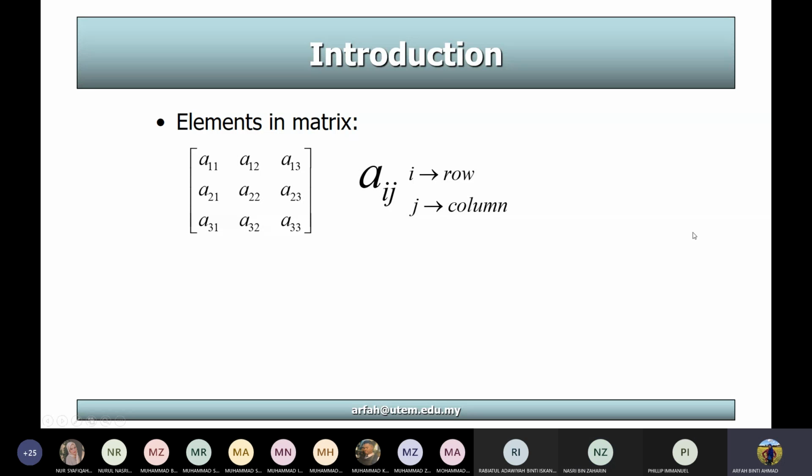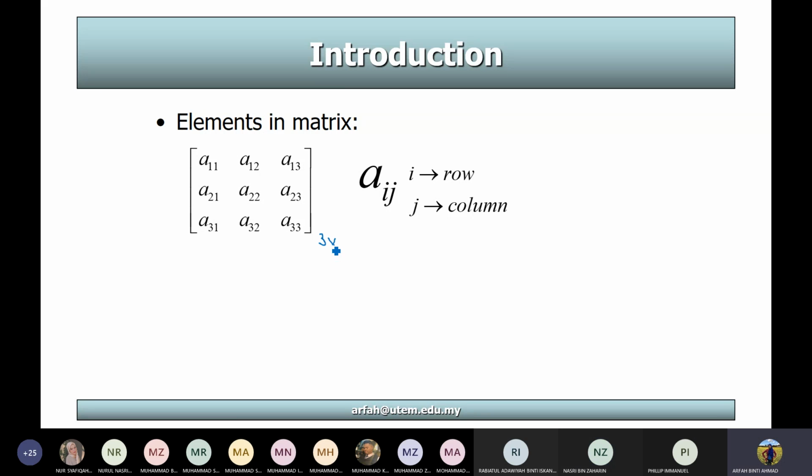So, let's say for example, how do we determine elements in a matrix. For example, I have a matrix as shown in this slide. So, what is the order of this matrix? 3 times 3.